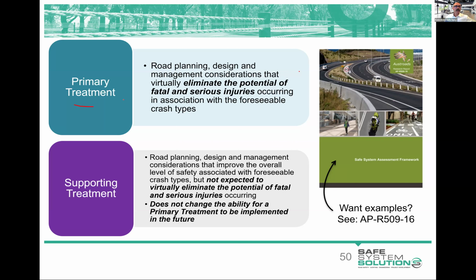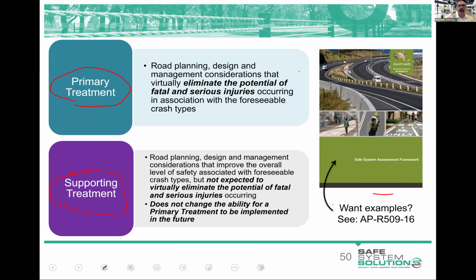So I just wanted to cover back off primary treatments and supporting treatments. Jamie mentioned it when we were talking about that site where the car parking was blocking sight distance, and he mentioned some of those are primary and some of those are supporting. It's really one that people struggle to get their head around for a while, but then once they get their head around it, they seem to be better.